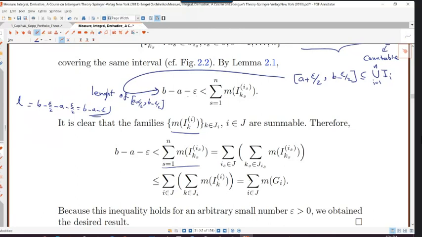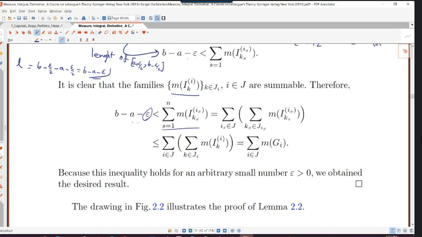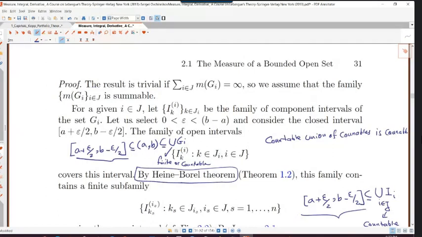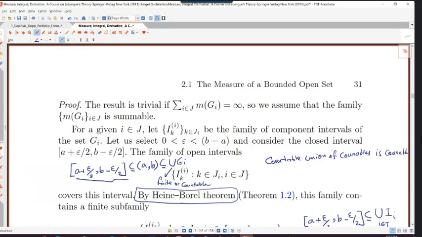And finally, this is the sum of measures of Gi where i belongs to A. Now, because this inequality holds for an arbitrary epsilon, an arbitrary positive small epsilon, we obtain the desired result that the length of this open interval is less than or equal to the sum of the lengths of the open sets G.